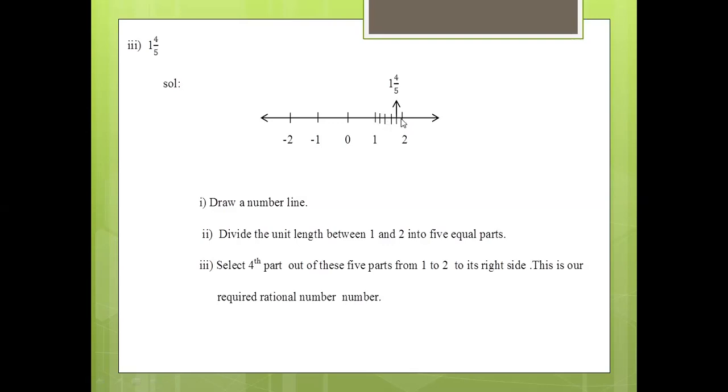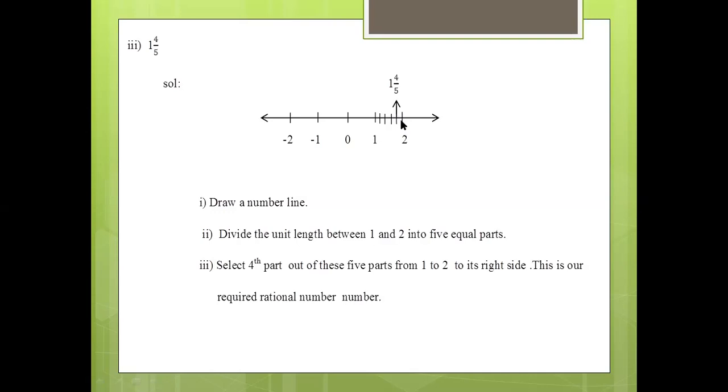Because it shows how many parts there are. 1, look at this, 2, 3, 4, and 5. So you divide it into 5 equal parts, starting after 1, and the fifth one ends on 2.